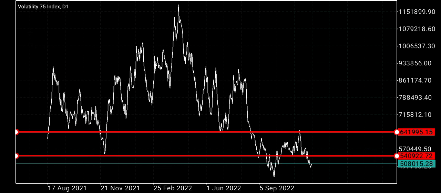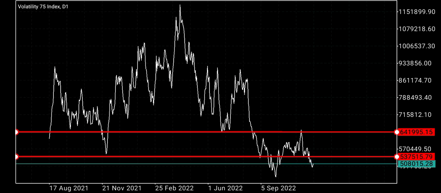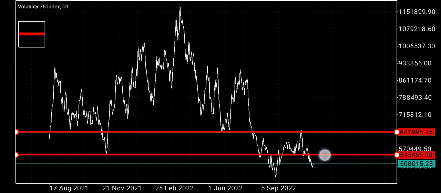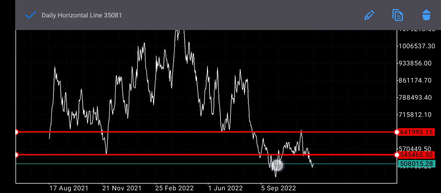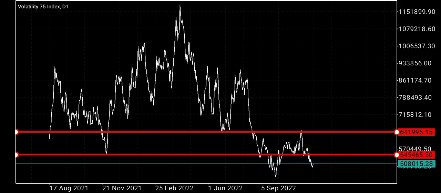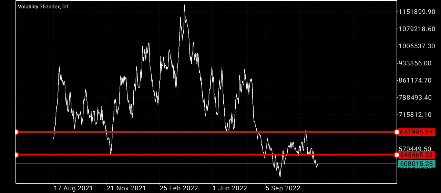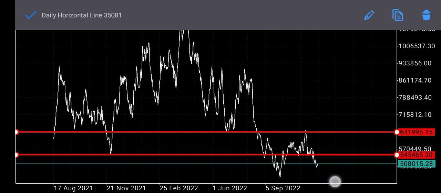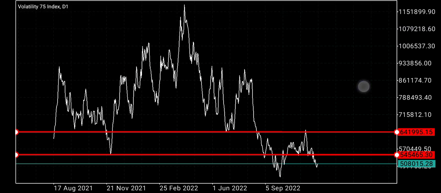Here it was support, then we broke below and it became a resistance, then we broke above again, support, and then support. So we are currently below this level. What I will be looking at is for the market to push up, turn it into a resistance, and then go further downwards.